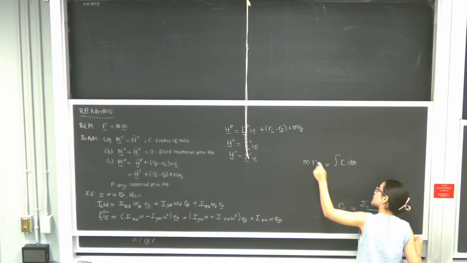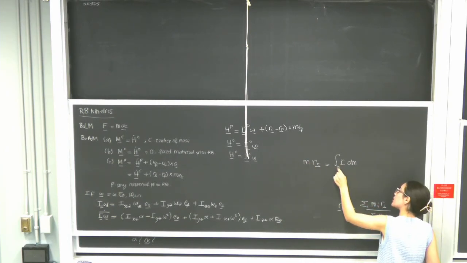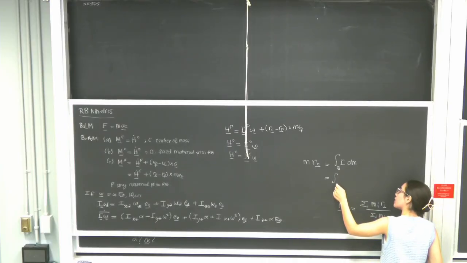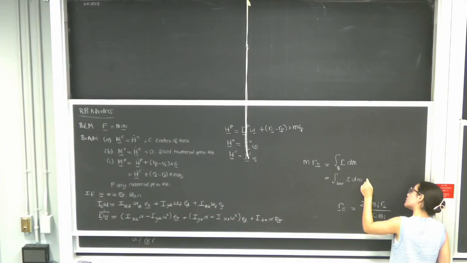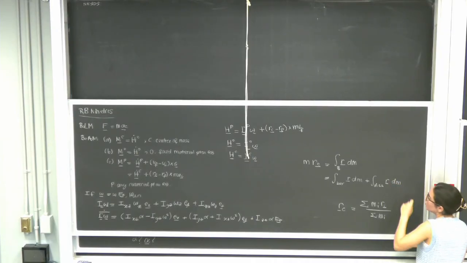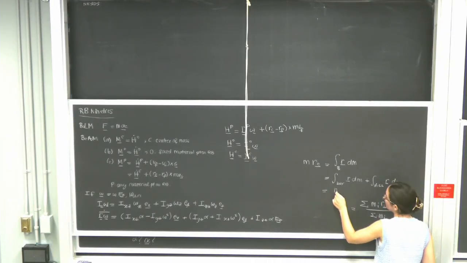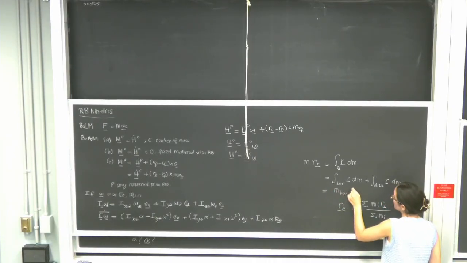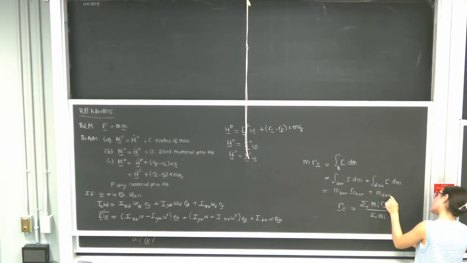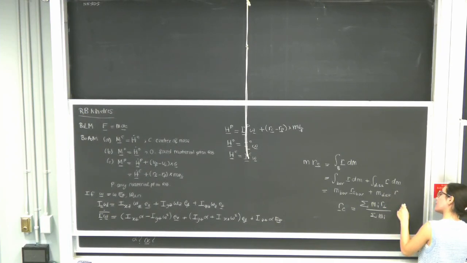So that's mRC, basically, over the body. And we divided the body into two: the integral over the bar of R dm plus the integral over the disk of R dm. So that's just the mass of the bar times the center of mass of the bar plus the mass of the disk times the center of mass of the disk.